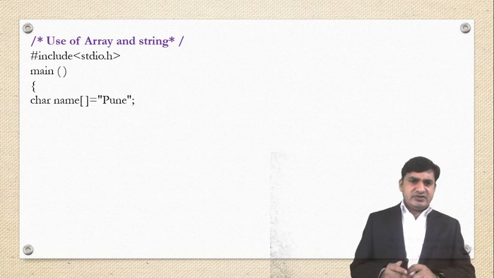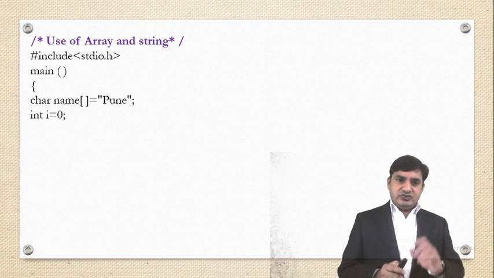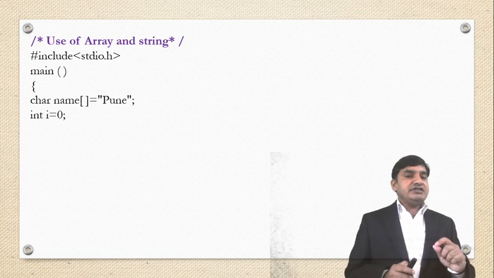Name is the name of an array, and this is of character type. Now int i is equal to 0.